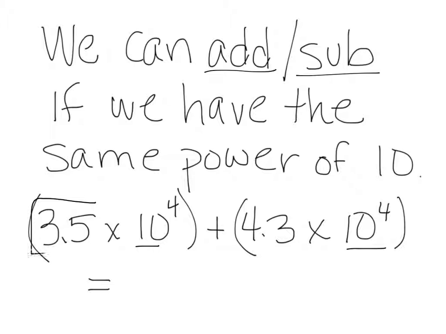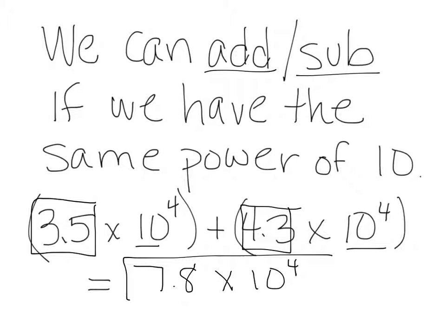You literally take the 3.5 and add the 4.3 to it. I believe that is 7.8, and keep the times 10 to the fourth. It's that simple to add numbers that are in scientific notation together.